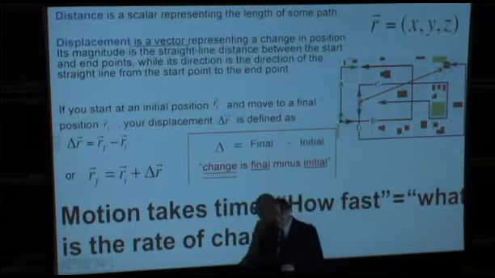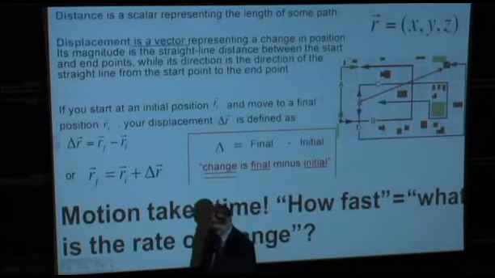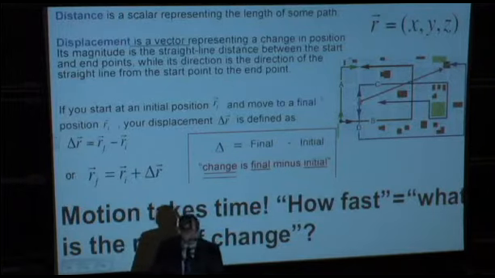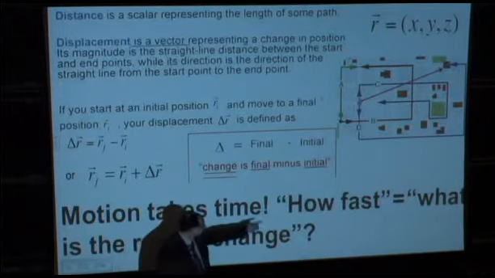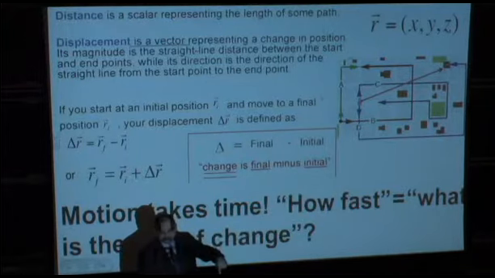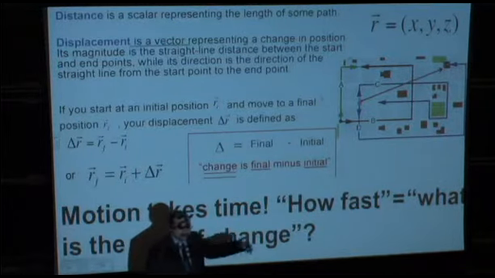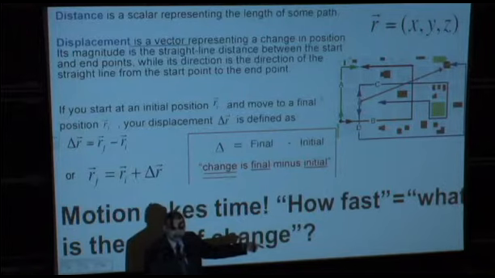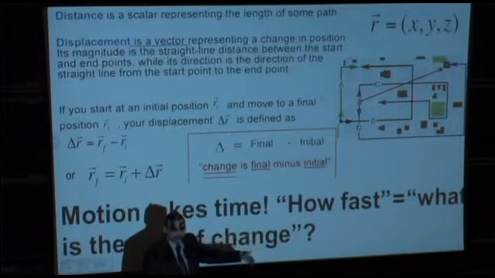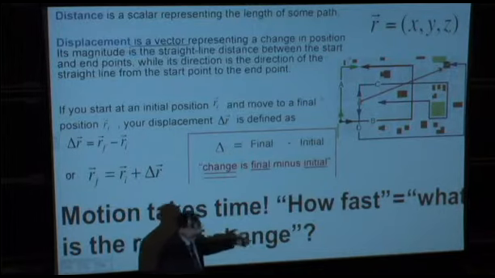So you can ask a question, okay, how fast did it happen? Or how fast is it moving? In physics, there's always the same way to answer this question. The motion is the change in the position. So how fast does position change? To answer that question, we need to calculate the rate of change of something related to the position.